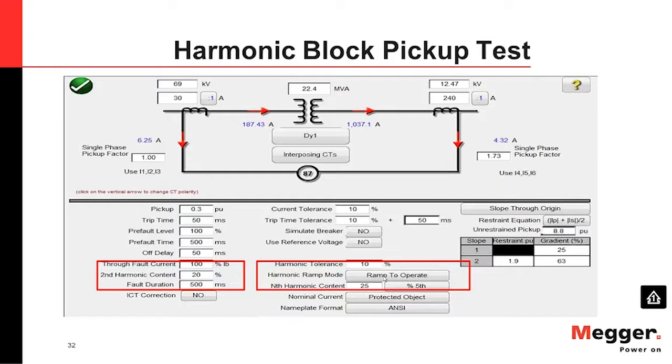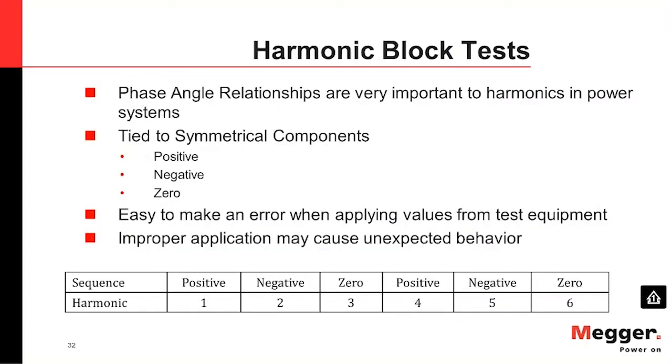Now, it is very important for the harmonic, for the phase relationship. And this is only a quick view about the harmonics. Like always in the fundamental, you have positive, and the second harmonic you have negative, and the third harmonic you have 0, and then again fourth harmonic.